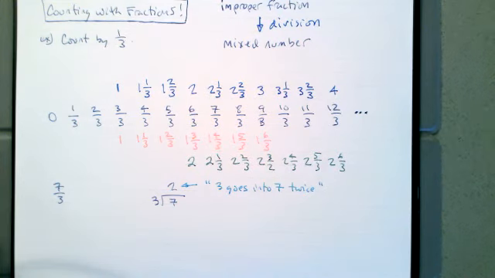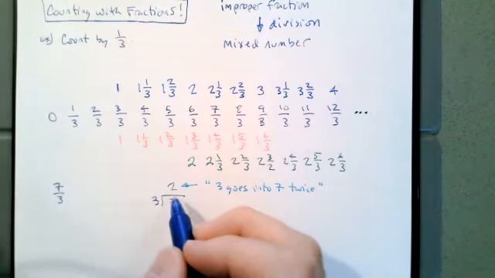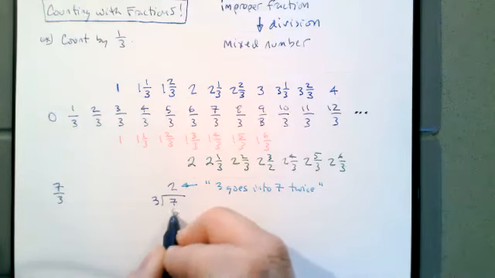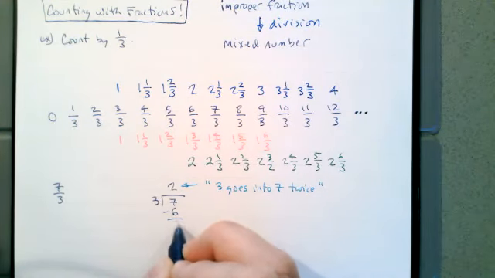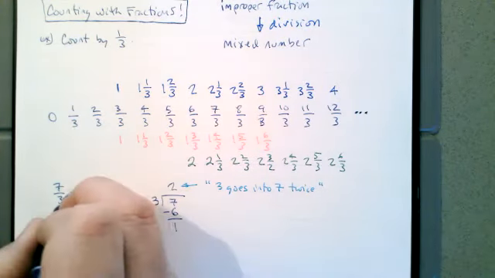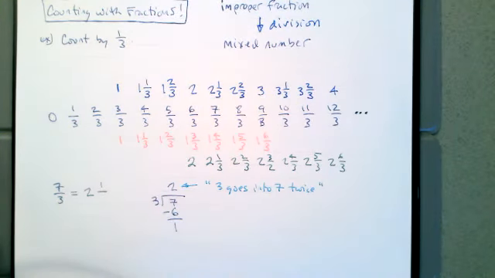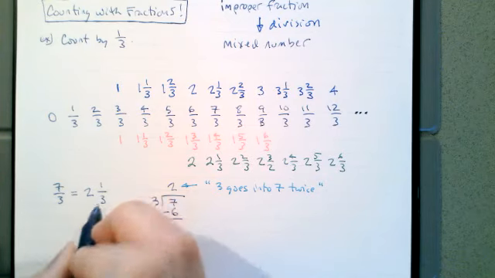I was also told to look for the biggest multiple of 3 that's less than 7. And I was told it had to be 2 because 6 is less than 7 and 9 is too much. So it's 2 and then I multiply. 2 times 3 is 6. And then I subtract. 7 minus 6 is 1. And so my whole number part is 2. My remainder is 1. That's going to be the numerator of my fraction. And then the third is the denominator of the fraction.